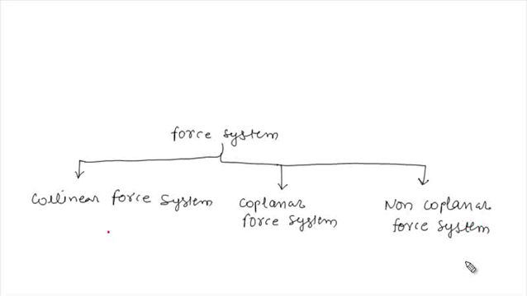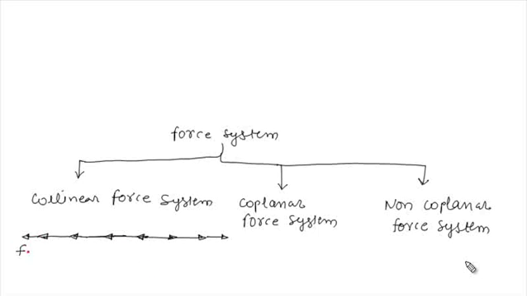If we talk about the collinear force system, the name itself defines it: the line of action of all the forces will be passing through the same line. That is called collinear force.